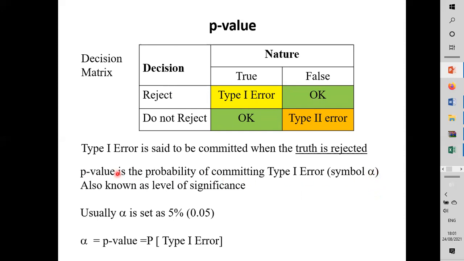So the p-value is the probability of committing type 1 error. It's not a test of normality. Remember the normal distribution, the tail area. So the symbol is alpha. Alpha is a p-value, the probability of committing type 1 error.